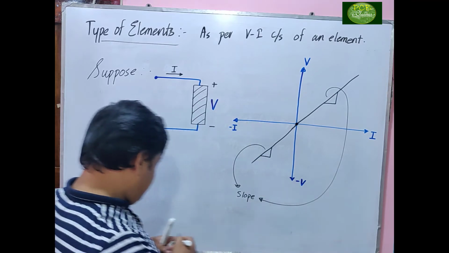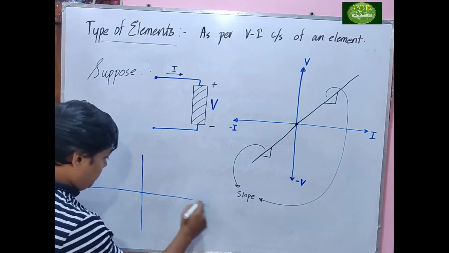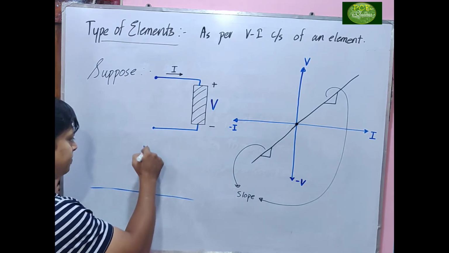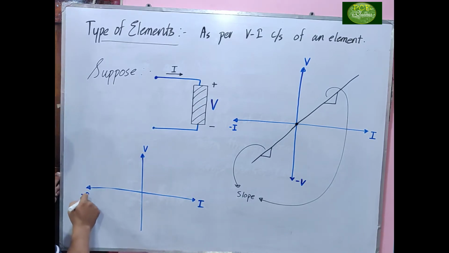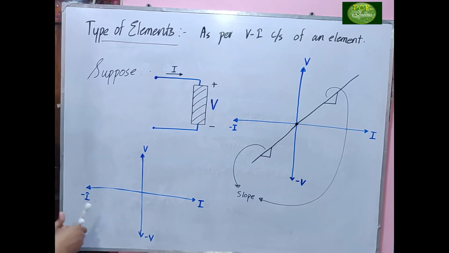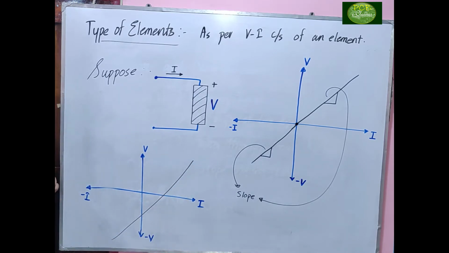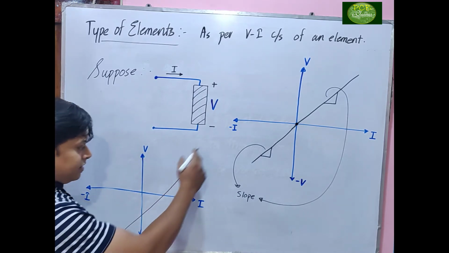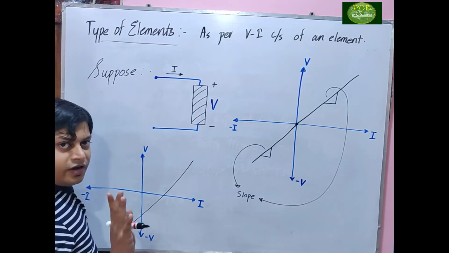For example, let us see a characteristic. So V is I minus V, and I am having a characteristic. Fine. This is how many straight line? One straight line. Okay, fine.